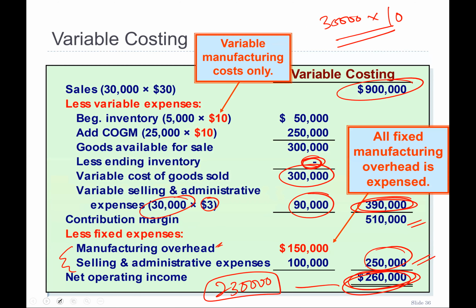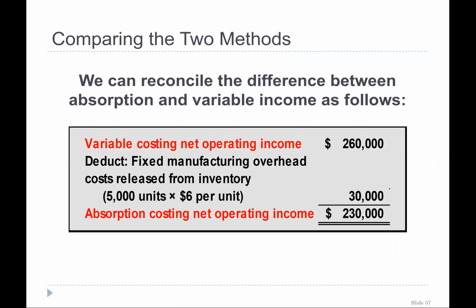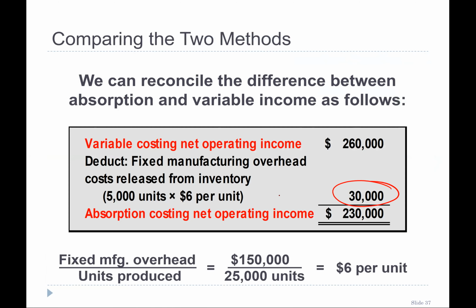And you see the difference is again 30,000. 260 minus 230, answer is 30,000.